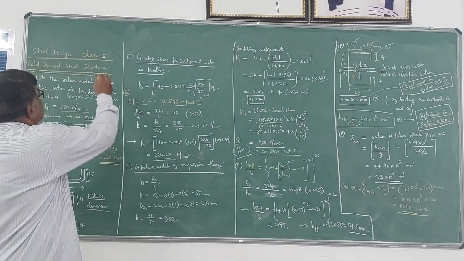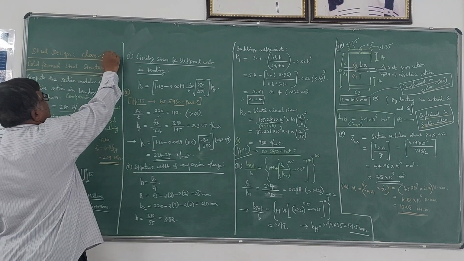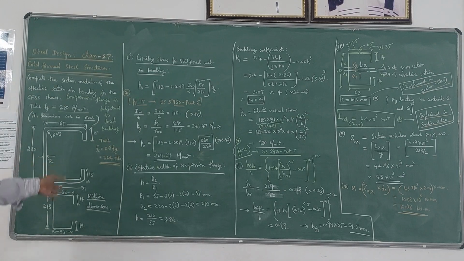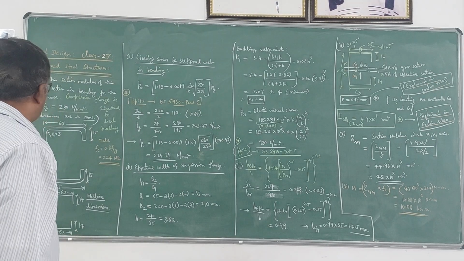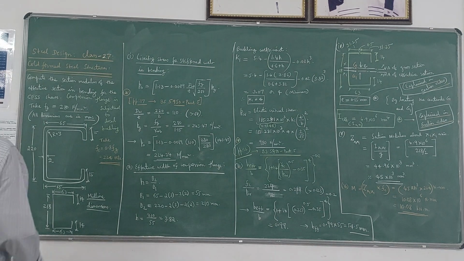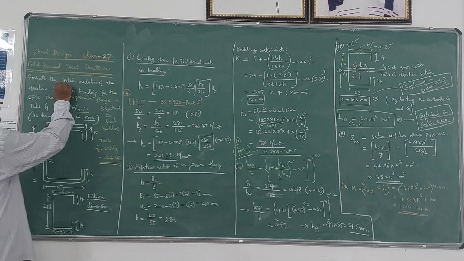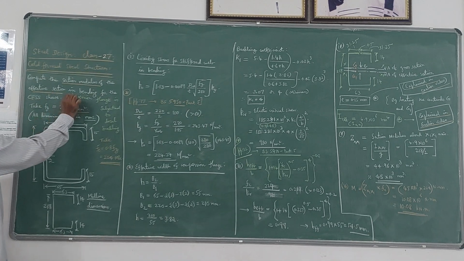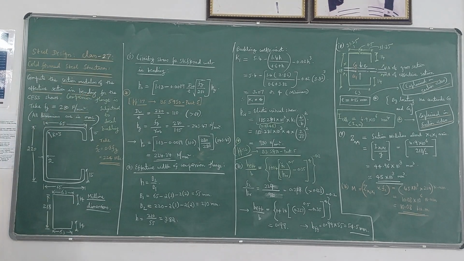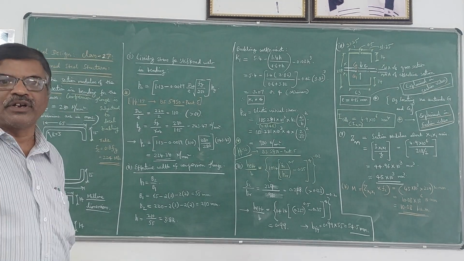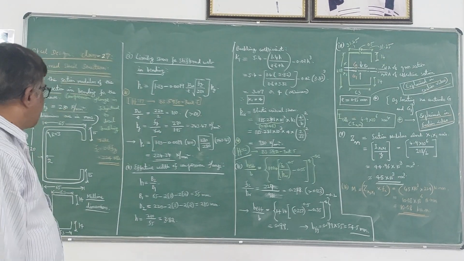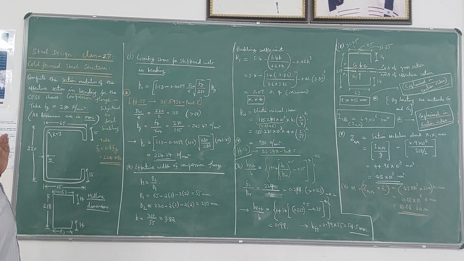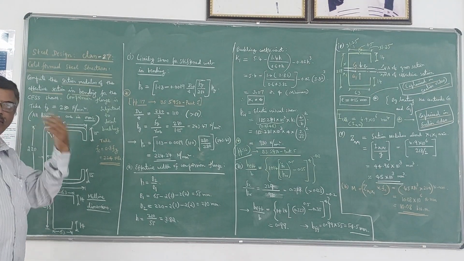In this class, we will discuss a problem on a C-section, cold formed steel section, to compute the section modulus of the effective section in bending. That means the Z value. How to compute the Z value of a CFS section, cold formed steel section, for the effective section.